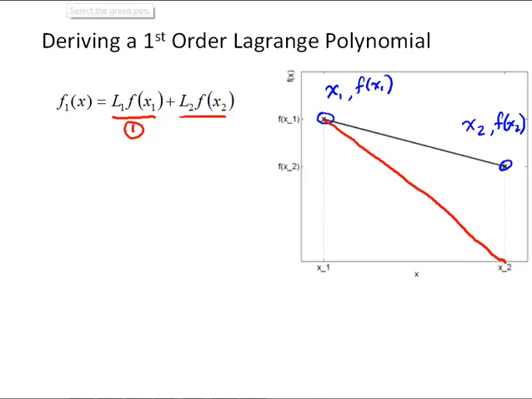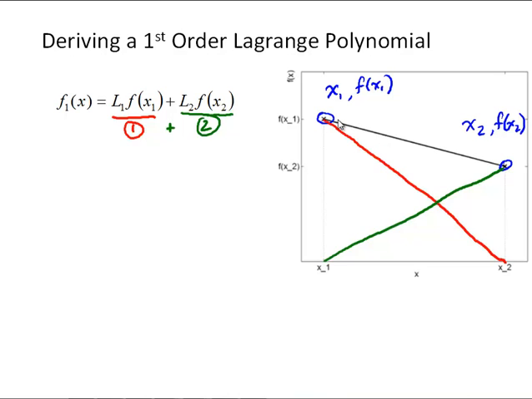And then the second line, line 2, that we get with the second weighting coefficient, would be a line that looks like this. It's equal to 0 at x1, and then f of x2 at x2. So anywhere along the way, we can add line 1 plus line 2, and we get to our initial value.